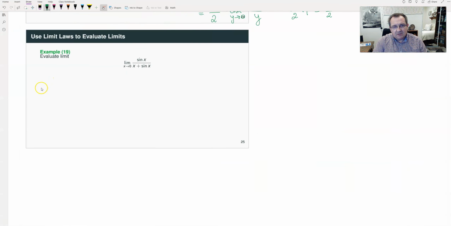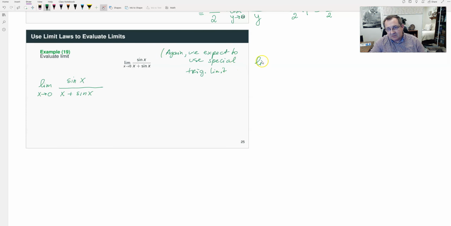So let us take an additional example. We have the limit as x approaches 0 of the following fraction: sine x divided by x plus sine x. And again, since we have a mix of polynomial and trigonometry, we need to use the special trigonometric limit, the limit as x goes to 0 of sine x over x equals 1.